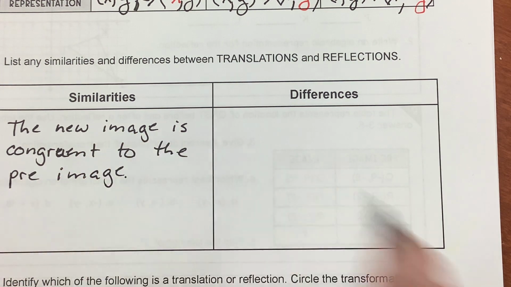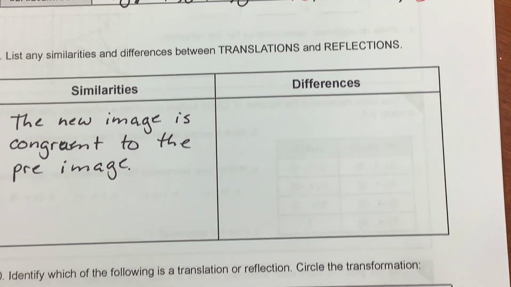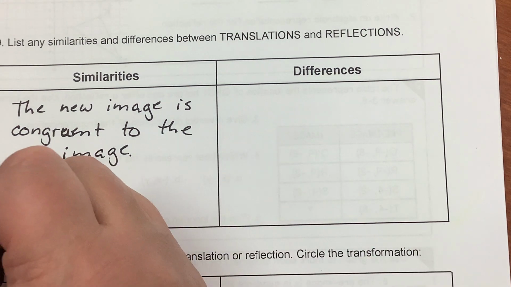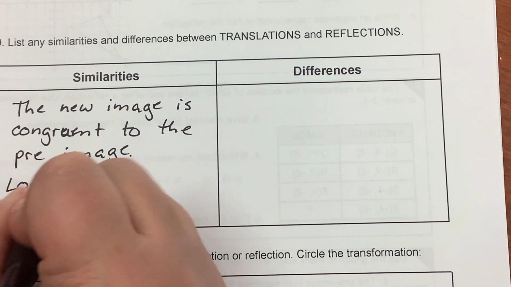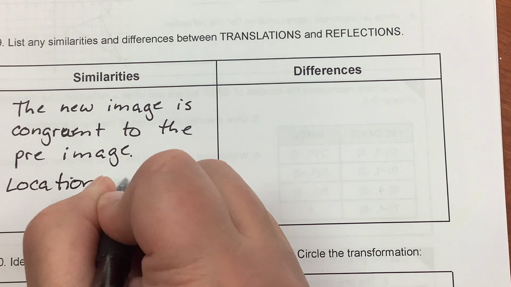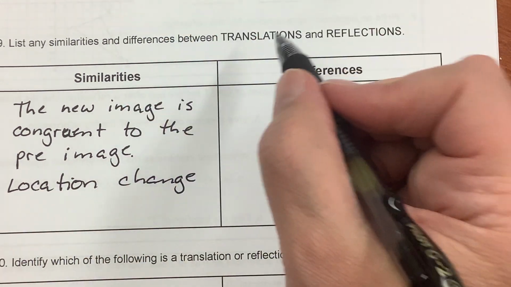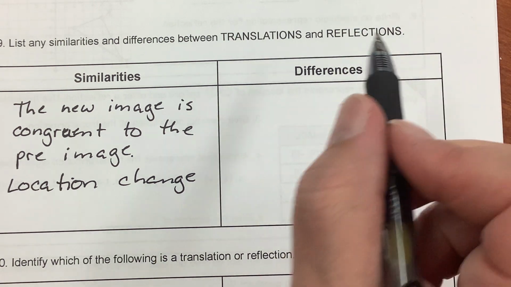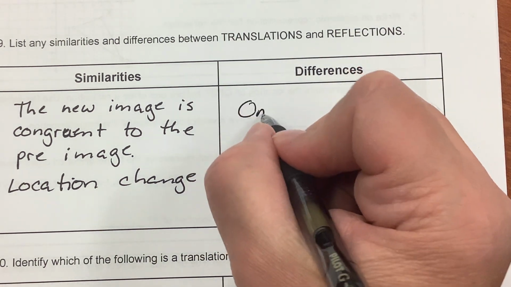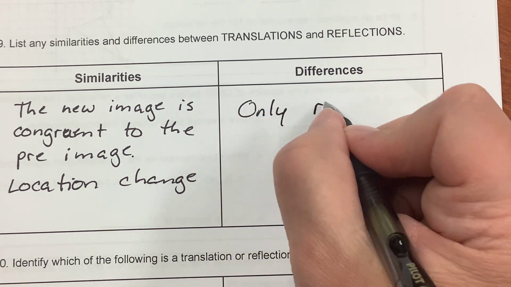So in both, the images stay congruent. What else? Location changes for both. That's the similarity between translations and reflections. But only reflections change orientation.